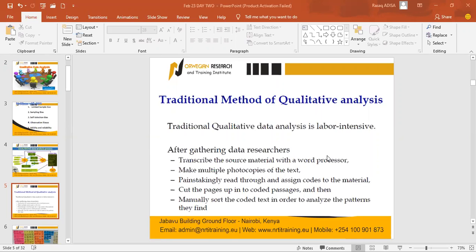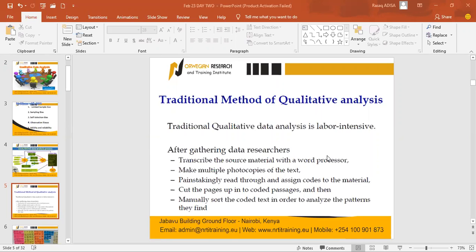Maybe you just interview 5 or 10 people, and you feel this data is not much, you can easily analyze them. So those are the three reasons that can necessitate the use of a traditional method of qualitative analysis.